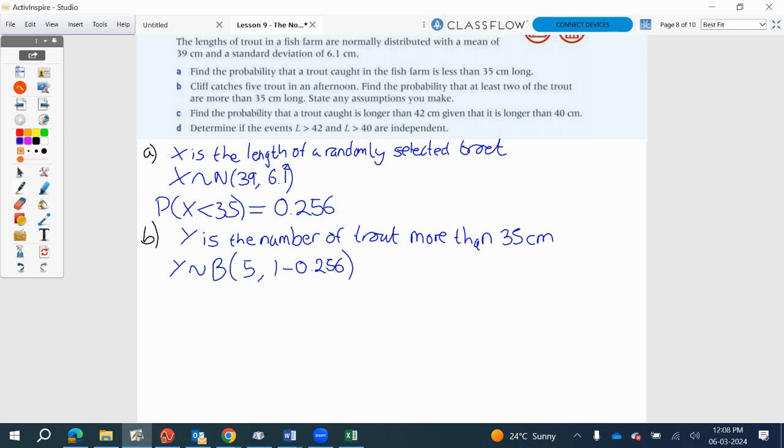What do we want the probability of for this question? The number of the trout more than 35 centimeters. Which variable talks about the number of trout that are greater than 35 centimeters long? Y. What values do we want Y to have?